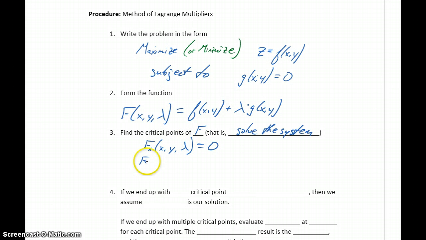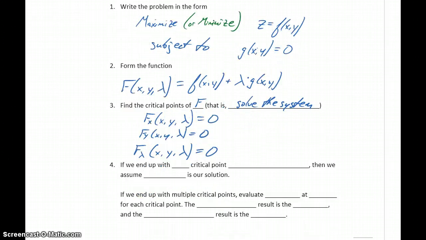We'll take capital F differentiated with respect to y, set that equal to 0, and then we'll take capital F and differentiate with respect to lambda, this new third variable that we're introducing, and set that equal to 0. So there's a little bit more work in some senses in this case. We have to create this new equation. We have to deal with this new third variable. One of the perks of this approach, though, versus what we introduced in the last module, is that we don't need any second derivatives. This is all just based off the first derivative of this function.